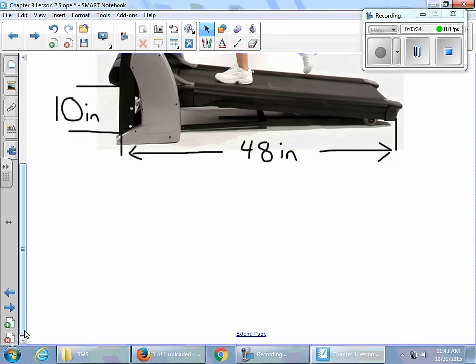Slope equals rise over run. Rise is vertical, goes up and down. The rise is over here, that's the 10 vertical. So our rise is 10 inches. And the run, left to right, is 48 inches.